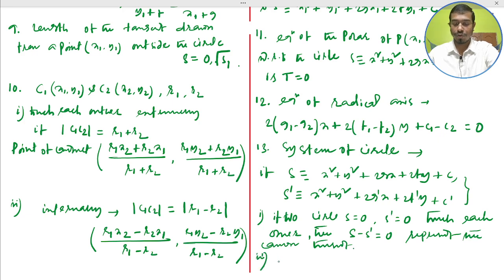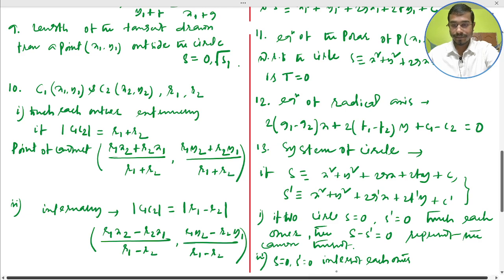And number 2, if two circles S is 0 and S dash is 0 intersect each other orthogonally. This is very important.